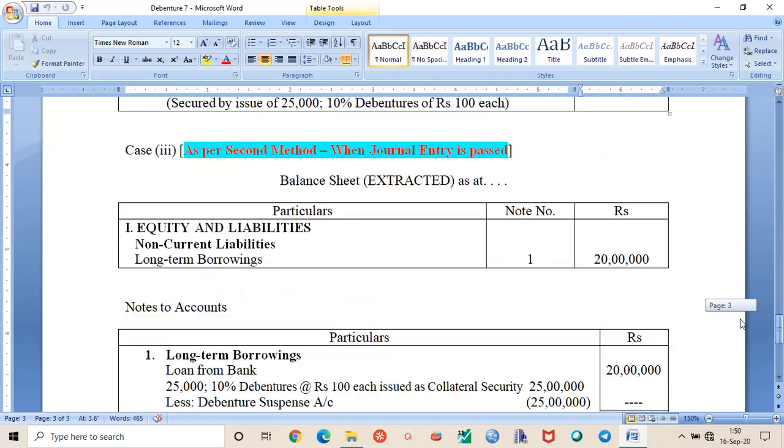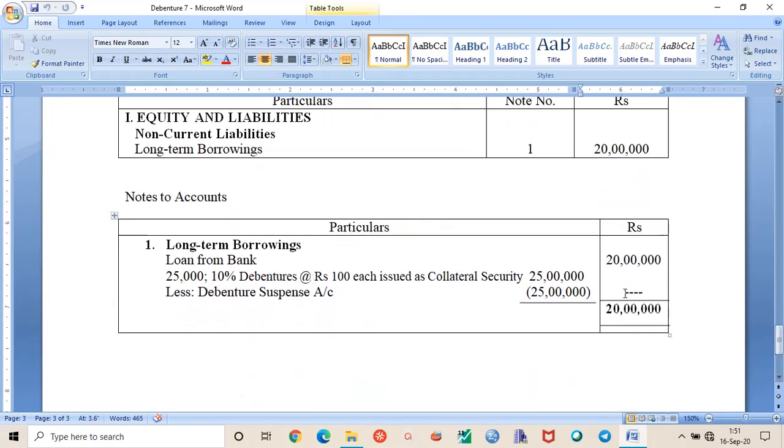So loan from bank will be 20 lakh only. Now 25,000 10% debentures, because you are issuing the number of debentures also. When you take a loan from the bank, you are issuing the number of debentures also, but you have to subtract it, less debenture suspense account 25 lakh, so ultimately it will be 0, and long term borrowings will be 20 lakh only.